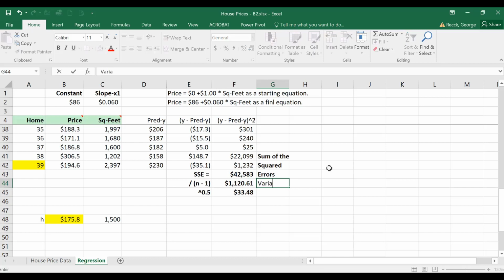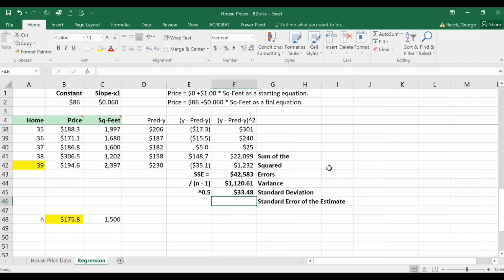So this is the variance, and this is the standard deviation, which is better known as the standard error of the estimate. Often that's S or S.E., or in full, the standard error of the estimate. And so that is an important number.